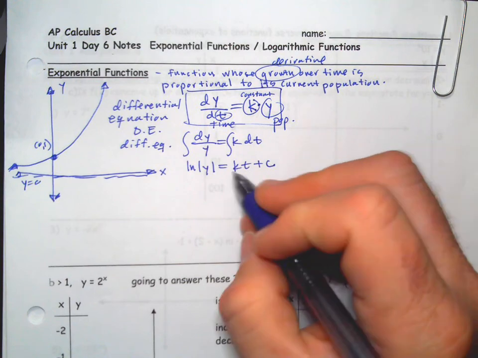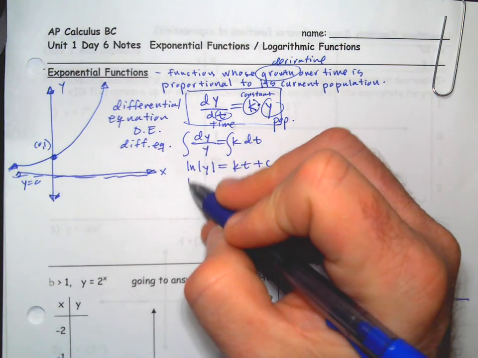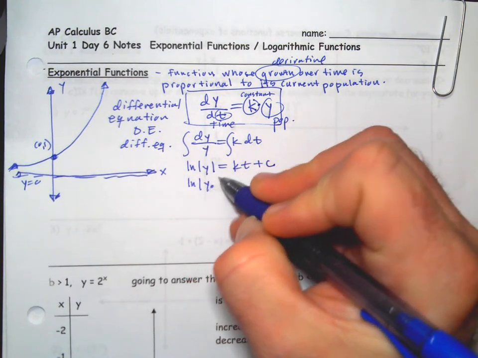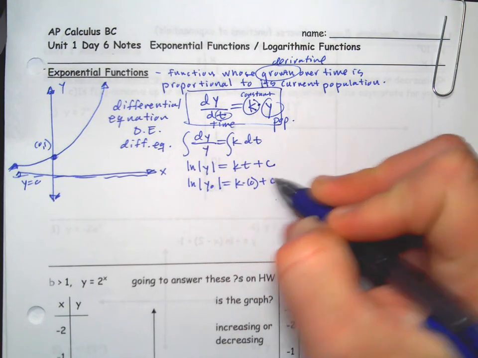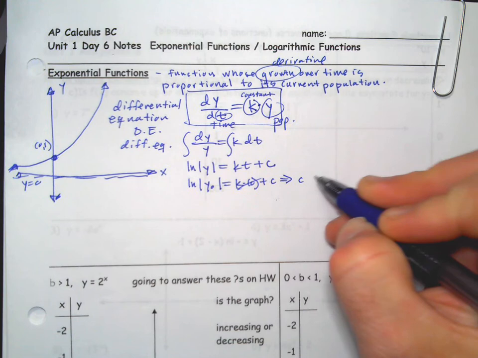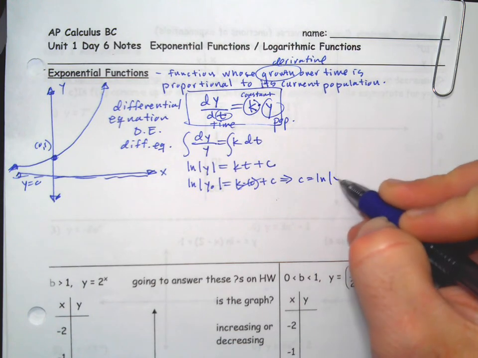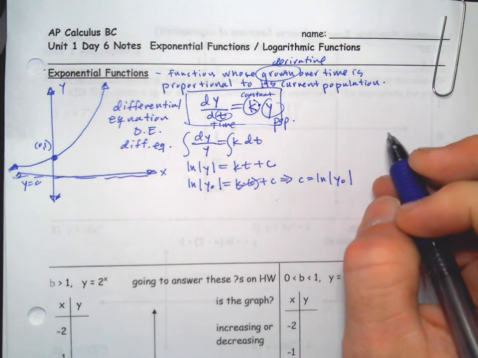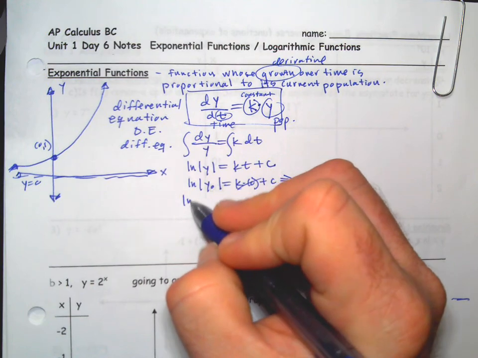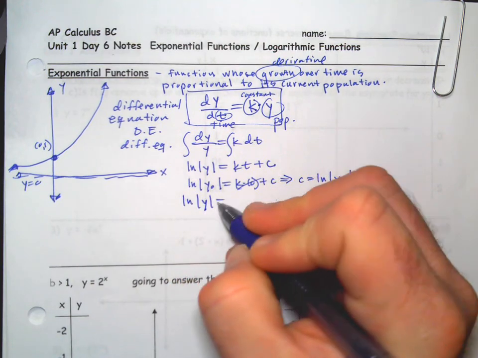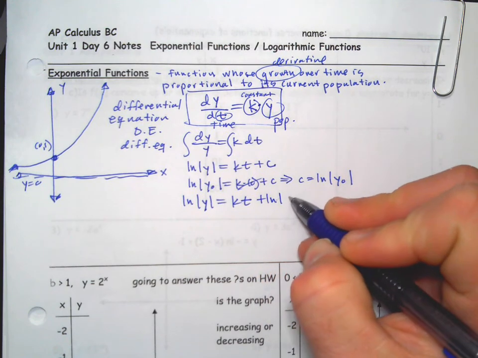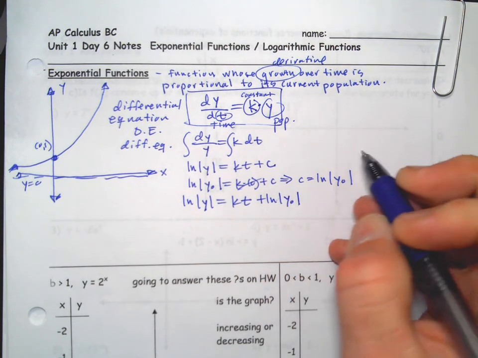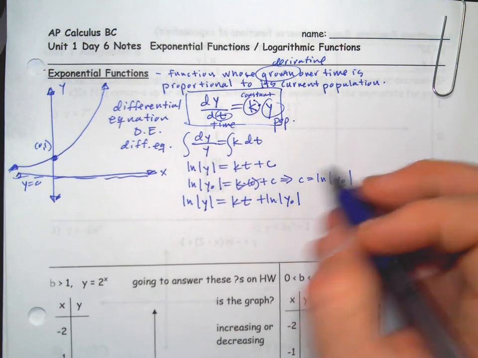A lot of times we know the initial amount, y sub 0, at time 0. So c would equal natural log of the absolute value of y naught. And so then we could rewrite it: natural log of y equals kt plus natural log of y naught. And then we could solve for y.